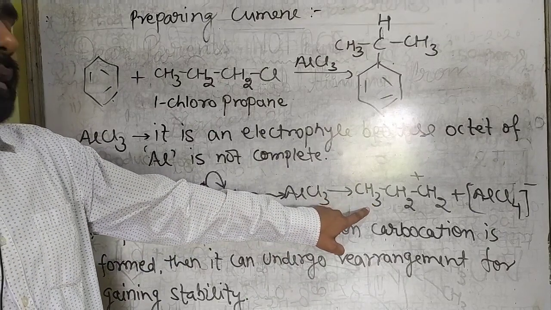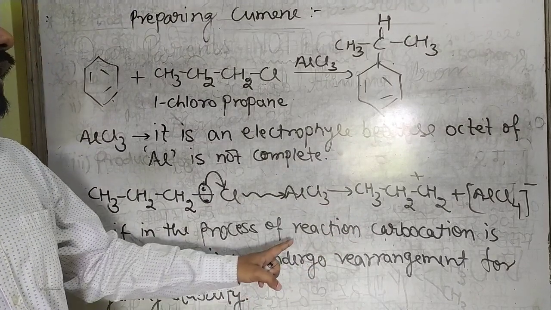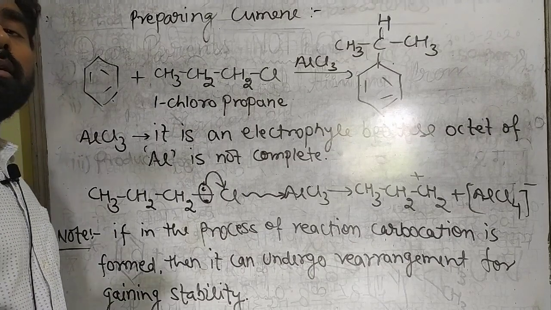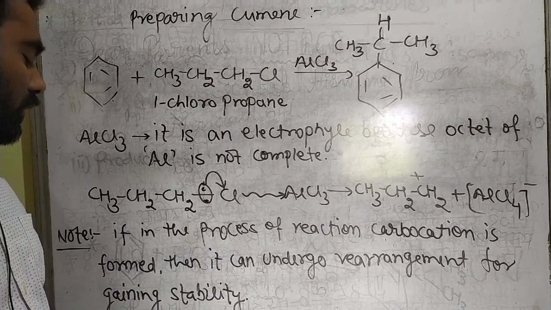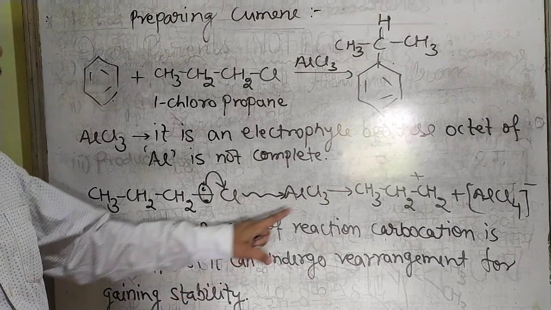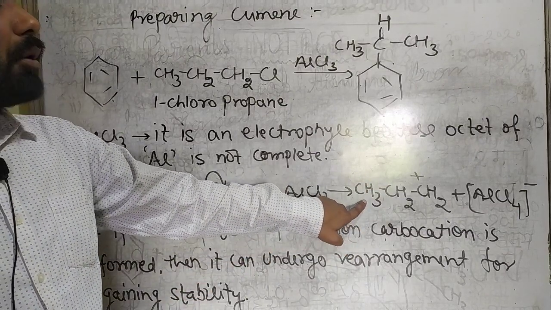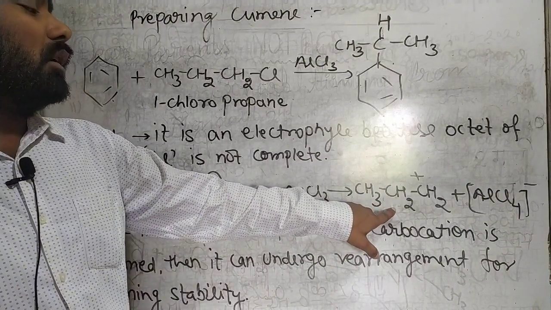Here is the important step in this reaction. That is a rule: if in the process of reaction a carbocation is formed, then it can undergo rearrangement for gaining stability. In the process of reaction an electrophile is getting generated.